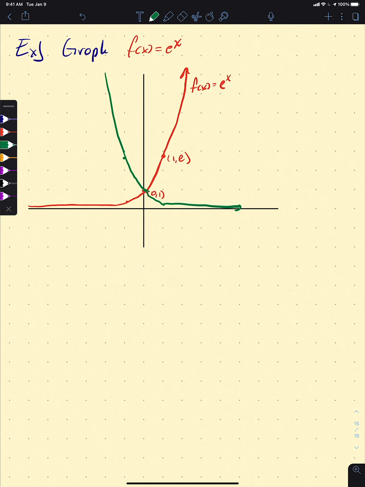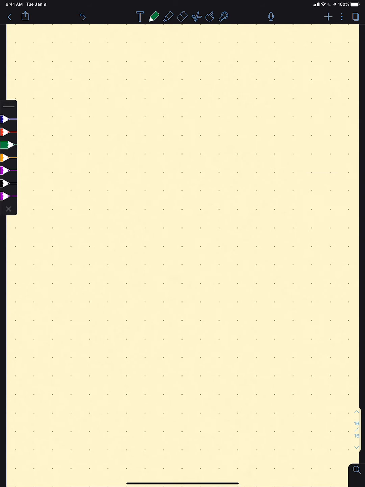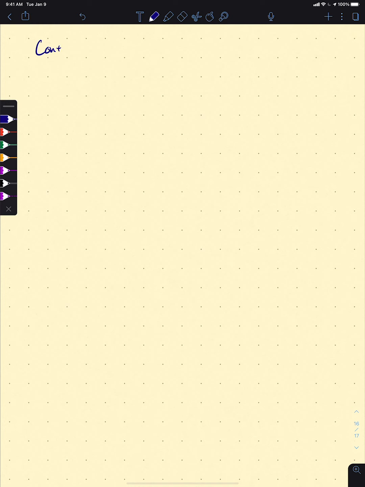But where these ideas of the natural exponential really come to fruition is actually with a thing called continually compounded interest, okay? Continually compounded interest asks the same question, okay?